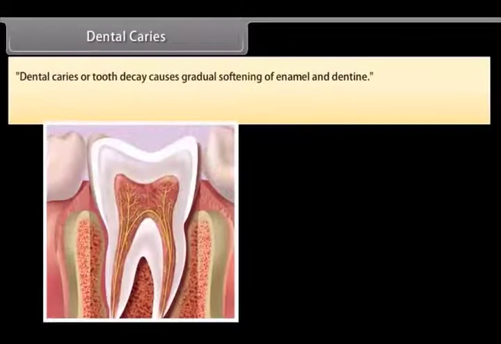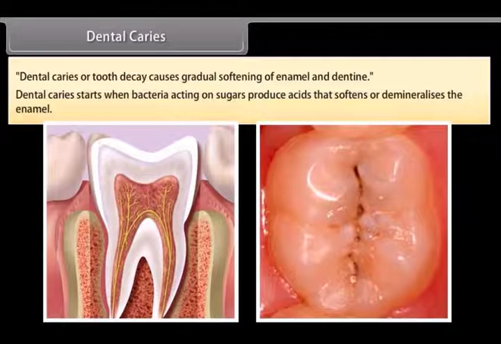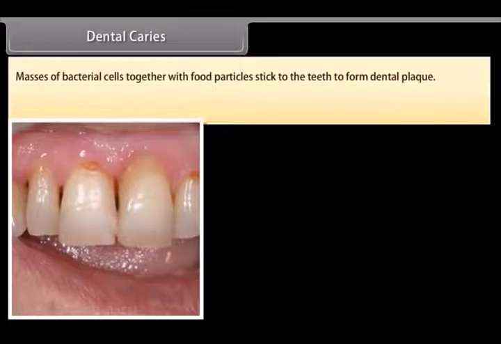Dental caries. Dental caries or tooth decay causes gradual softening of enamel and dentine. Dental caries starts when bacteria acting on sugars produce acids that softens and demineralizes the enamel. Masses of bacterial cells together with food particles stick to the teeth to form dental plaque.